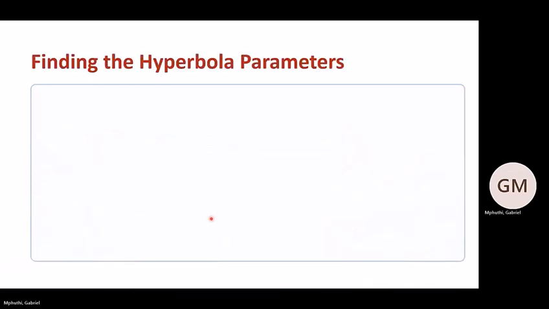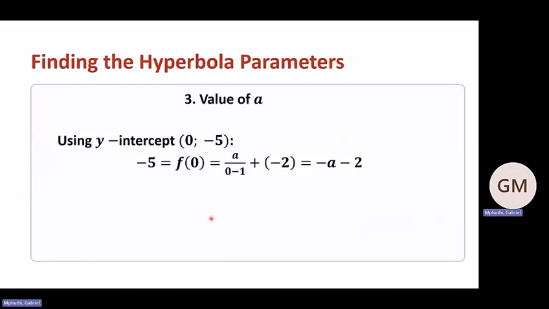Now, determining the value of a. So we were also given that the y-intercept is (0, -5).